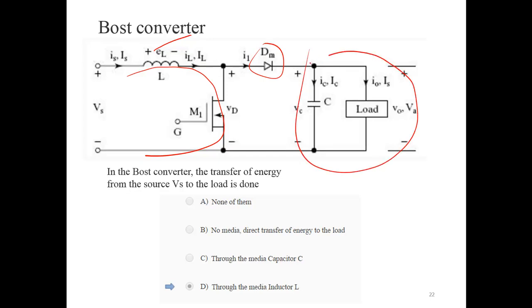That means the energy is transferred from the supply to this inductor, and the inductor transfers the energy to the load through the diode. That's why in the boost converter, the energy transfer to the load is done through the medium of the inductor. The inductor is the energy transferring element to the load.